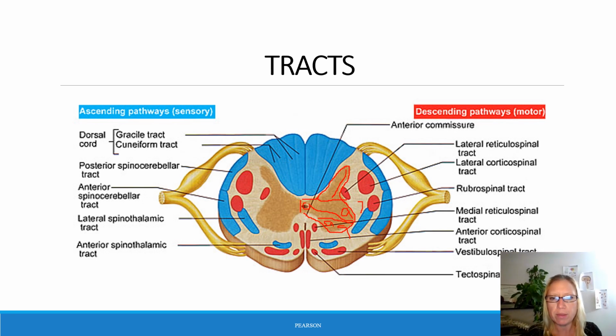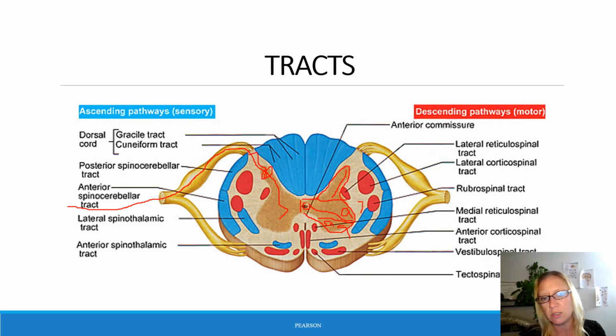What we want to remember about this gray area, the Rexed laminae, is that these are the cell bodies. The information is going to come in here, dorsal root ganglion, sensory information coming in. So we had our Lissauer's tract here, right? Information coming in, touch, pain, temperature, synapsing at substantia gelatinosa or Rexed 2, and then crossing through.